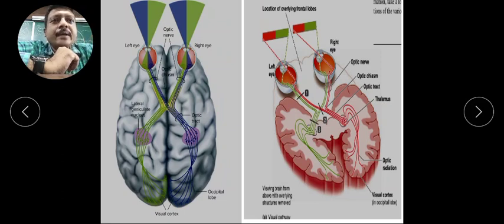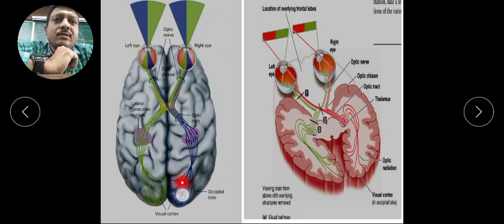Okay. Now the central portion, that means the representing area of the macula or the fovea centralis, is very large in the visual cortex.